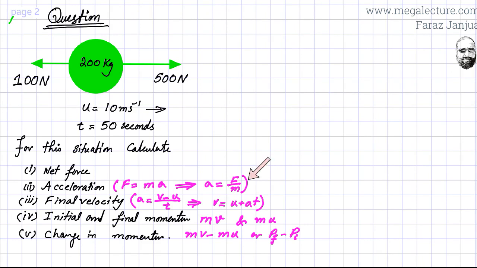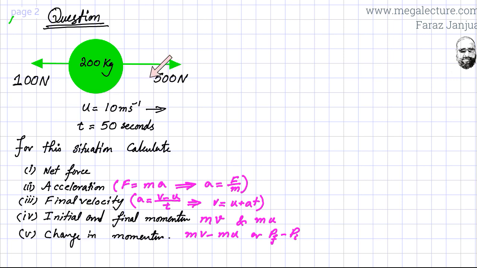Here is a list of some formulas that you need to solve this question. Net force is simple, you have to find how much force is actually causing the object to accelerate. That will be 500 plus negative 100. As force is a vector quantity, let's spend a minute on this. If you see a vector quantity in two opposite directions in the same situation, you have to consider one of them positive and the other negative.